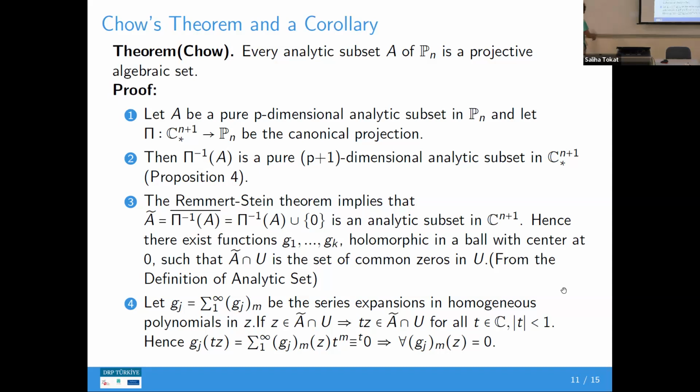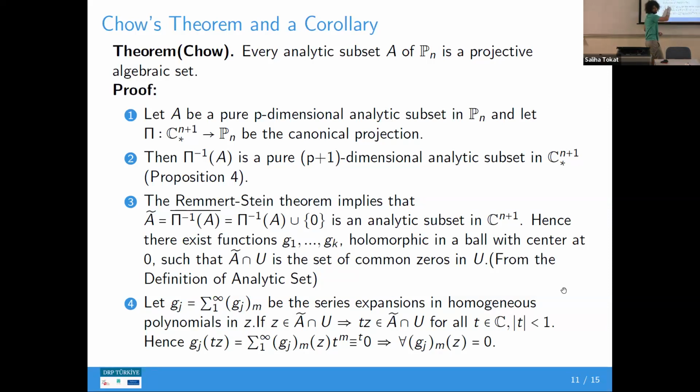So in any case, this is an analytic subset, since just 0 can be seen as an analytic subset because it is a zero-dimensional complex manifold. In that case, this is also an analytic subset. So combining this, the end result is that the set π⁻¹(A) union {0} is an analytic subset.